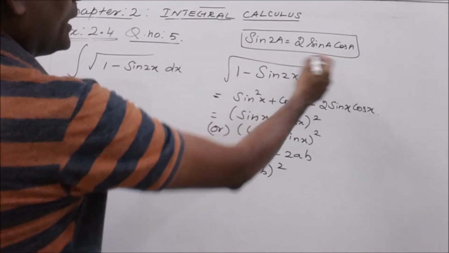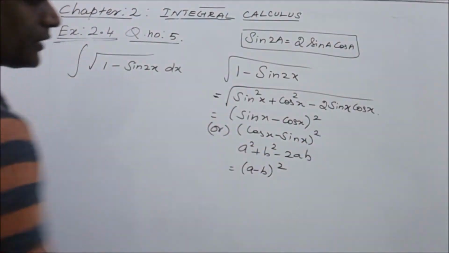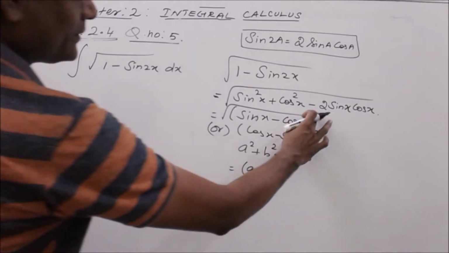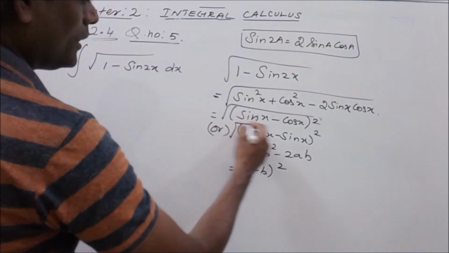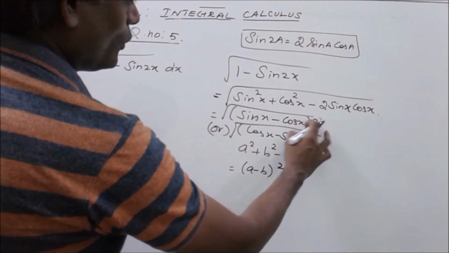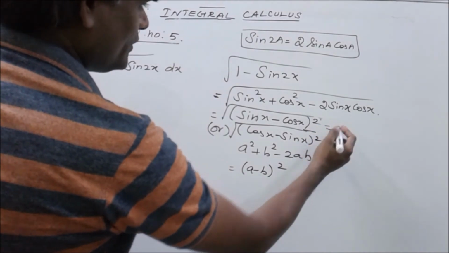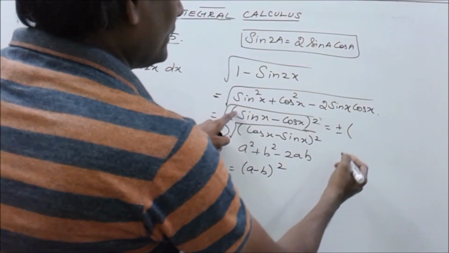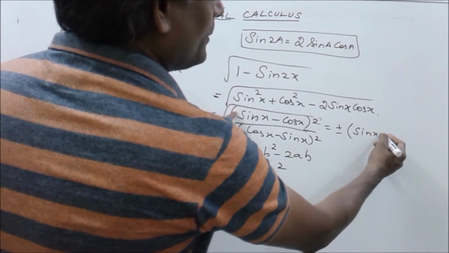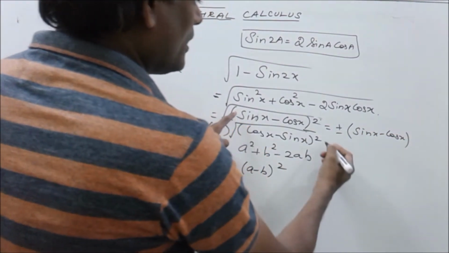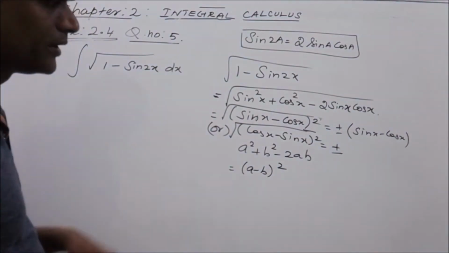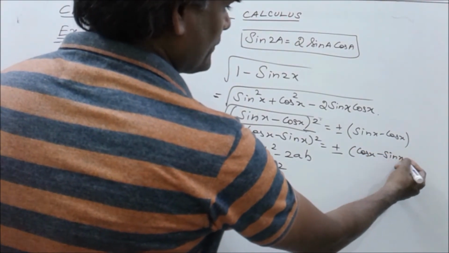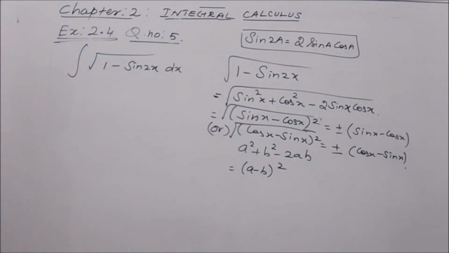Root of sin square plus cos square minus 2 sin x cos x, root of (sin x minus cos x) whole square, or root of (cos x minus sin x) whole square, is equal to plus or minus (sin x minus cos x), or plus or minus (cos x minus sin x). You can apply any one of the forms.